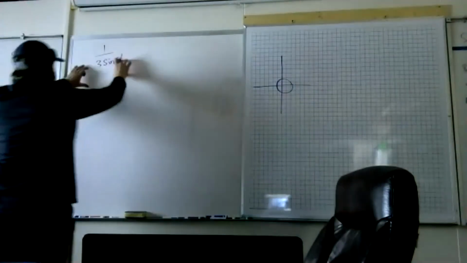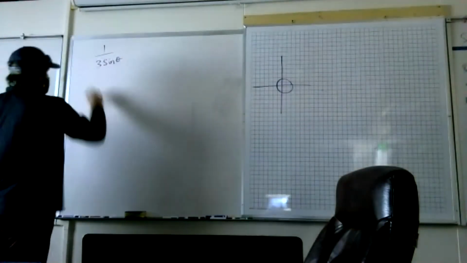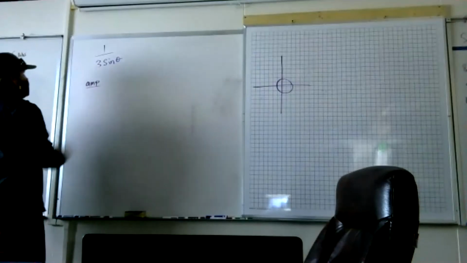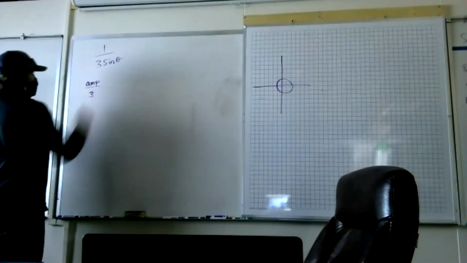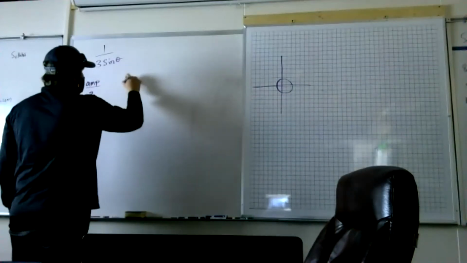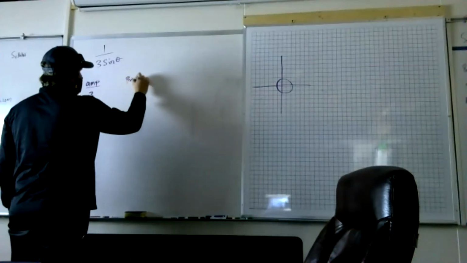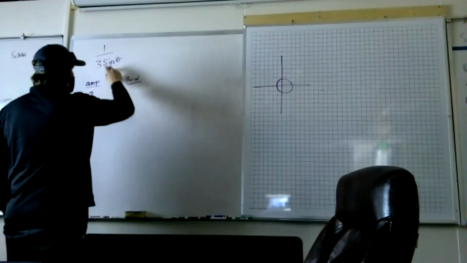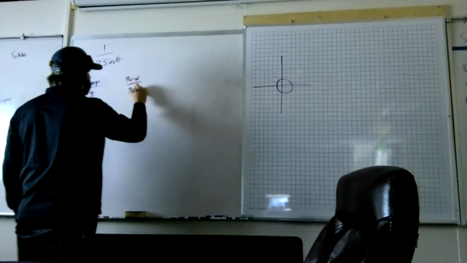Okay, so I'm going to focus on graphing this sine function first. The amplitude comes from 3, so my amplitude is 3. That gives me the location of my minimum and maximums. The period, once again, is 360 divided by the absolute value of b. B is 1, so my period is 360.